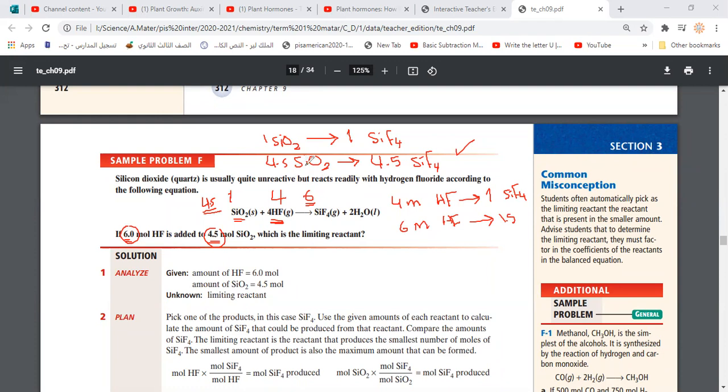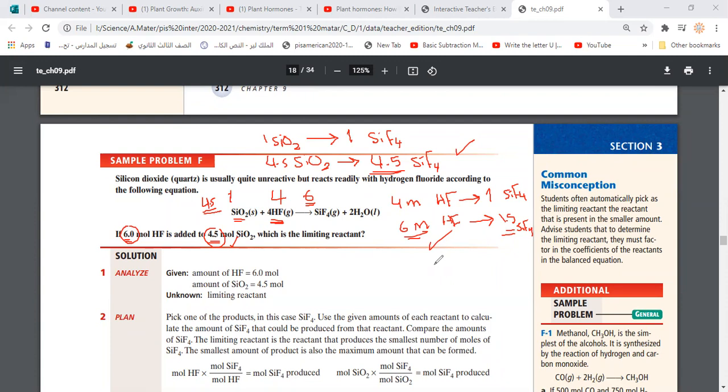So we find that the 4.5 moles I was provided with could produce 4.5 moles of silicon fluoride, but the 6 moles of HF are going to produce only 1.5 moles of silicon fluoride. So in that case, the reactant which produces the lesser amount of product is the limiting reactant. So HF is the limiting reactant.